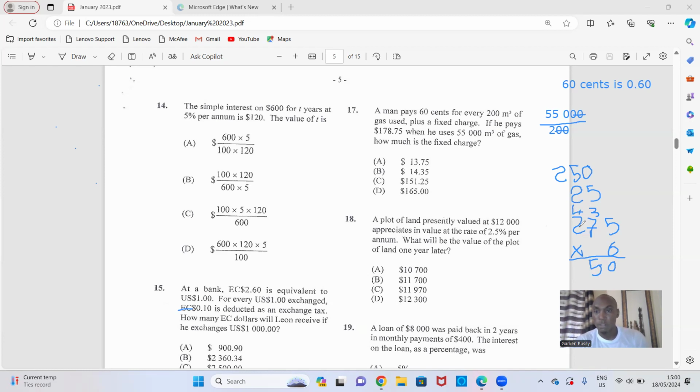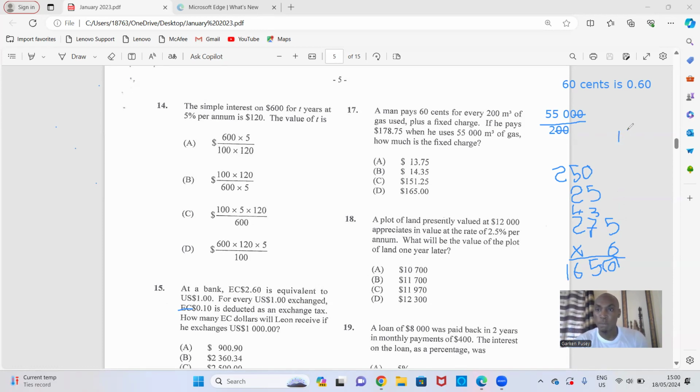And 6 times 2 is 12, plus 4, that's 16. So it's 1,650, but because we multiplied by 6 and it says 0.6, I'm just going to take back this decimal point. So when I multiply 275 by 0.60, I'll get 165.